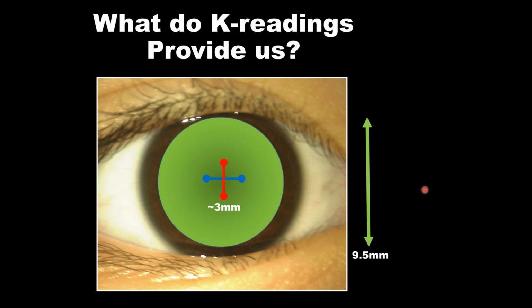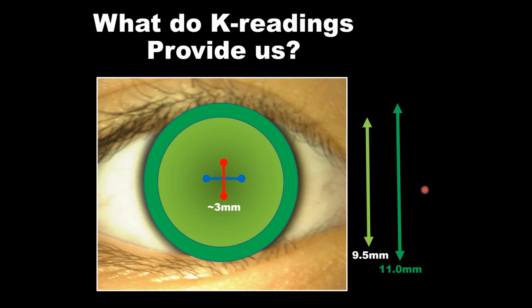If we fit a corneal GP that's 9.5 millimeters, you get a sense of how much we are missing when we build our lens well past our area of measure. An ortho-K lens is usually in the neighborhood of 10.5 to 11 millimeters. So trying to build that reverse geometry shape lens using K readings is limited in what we have for data to construct the lens.